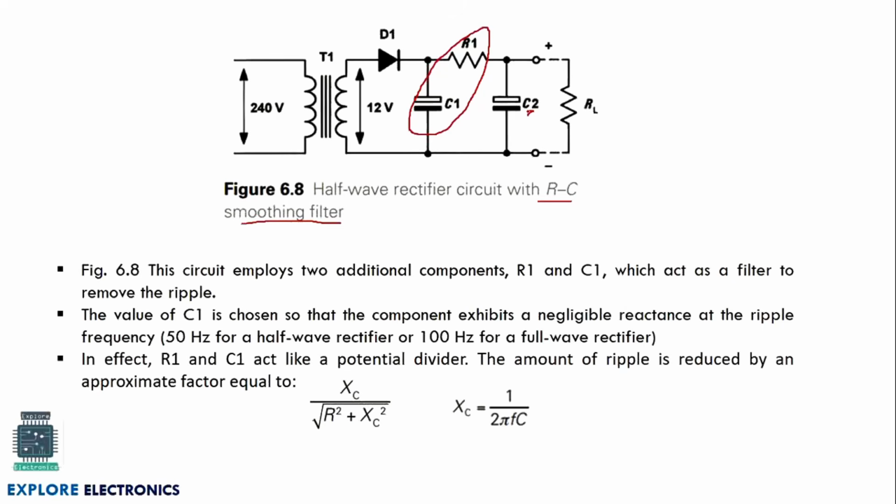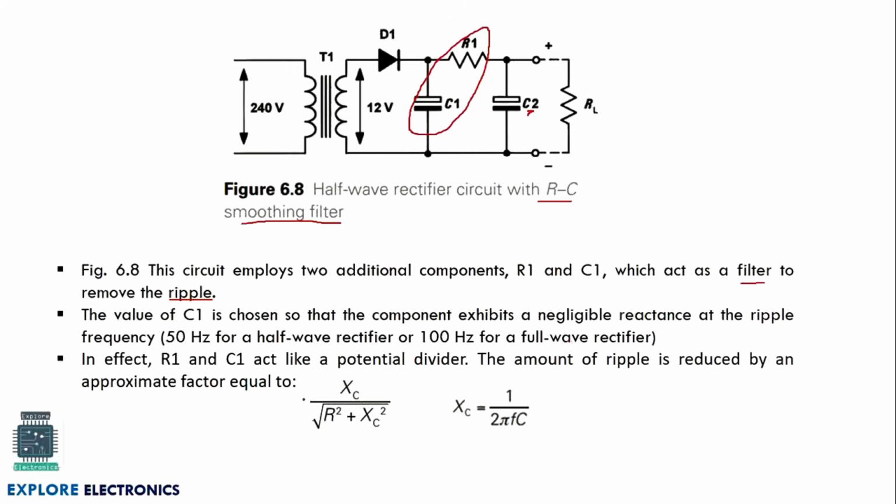R1 and C1 act as a filter which removes the ripples, and the value of C1 we need to choose carefully so that the component exhibits negligible reactance at the ripple frequency of 50 Hz for a half-wave rectifier and 100 Hz for a full-wave rectifier, which we are going to discuss later.